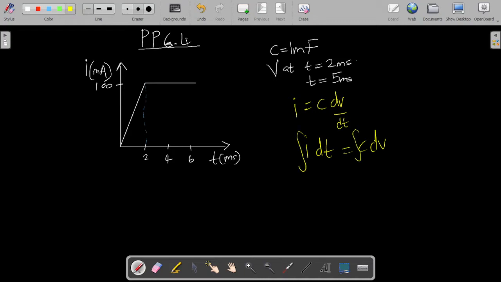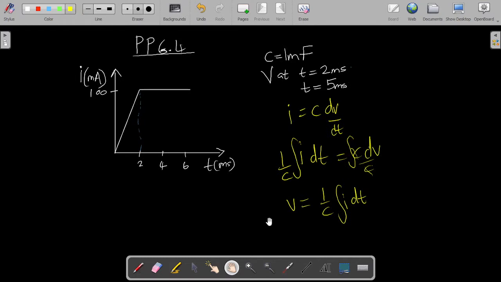And on this side, you can just divide both sides by C as well, and this will be your result. So to find the voltage, when you are given current for a capacitor, you integrate your current and multiply by 1 over C. So that is what we are going to do. We're going to use this direct method over here.